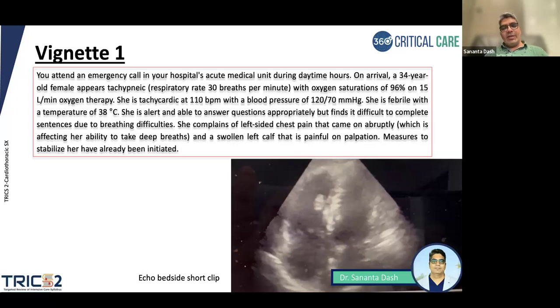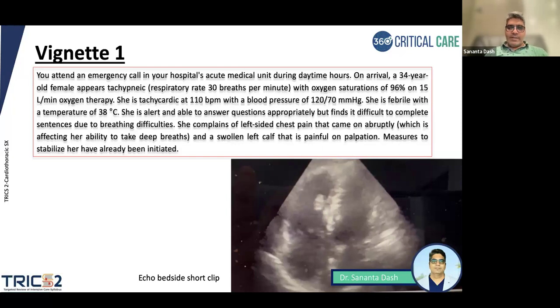With an echo image, they may or may not show it in the beginning, depending on the type of scenario. But all these findings, a swollen calf, shortness of breath, tachypnea, a bit of fever and chest pain, point towards probably a pulmonary embolism. That should ring the bell, right?